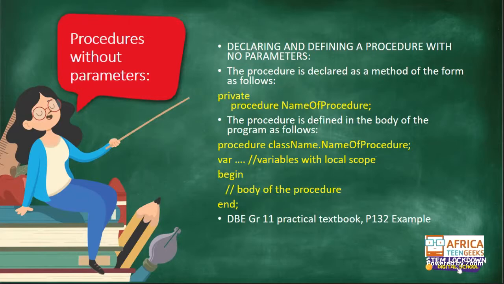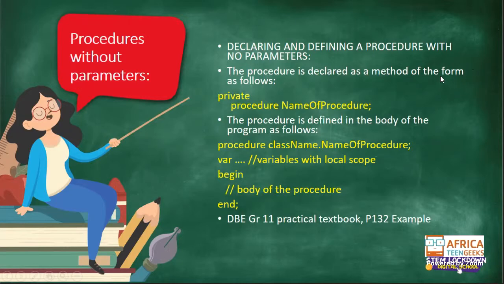We've got to say this thing exists, and we've got to declare it somewhere. And the second part, defining a procedure, that is the meat of it. In other words, the task, those lines of code, that's the subroutine, is going to go into its body, and that's got to be placed somewhere. So a procedure is declared as a method of the form.